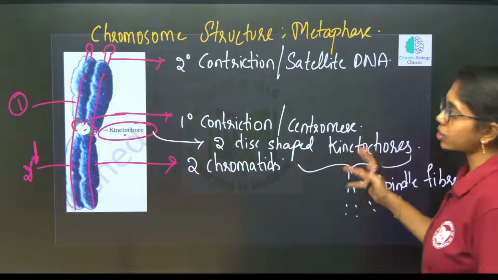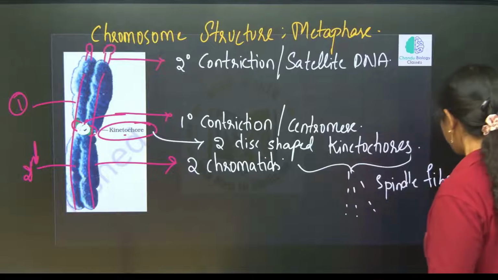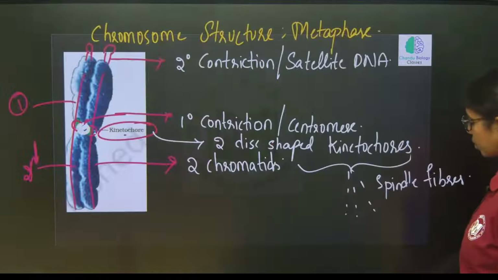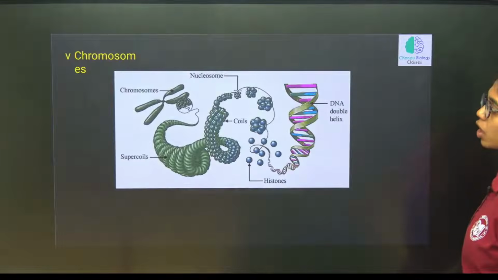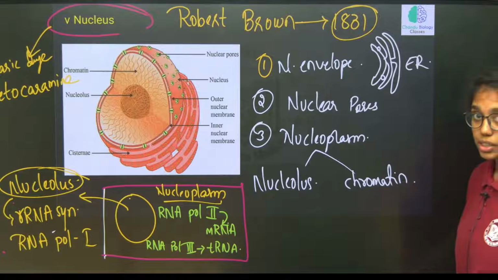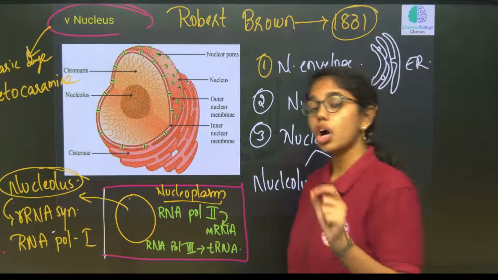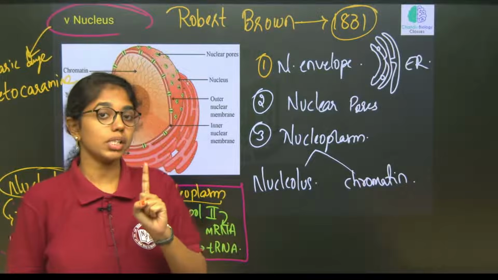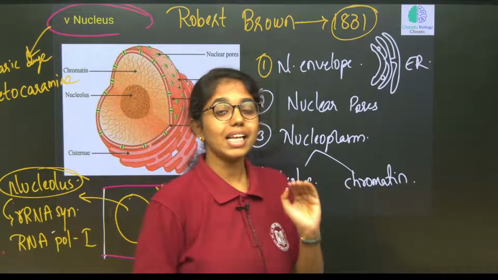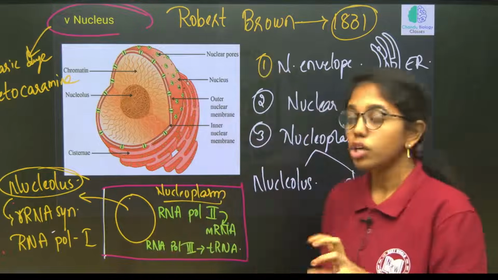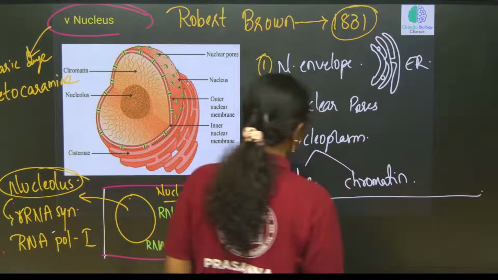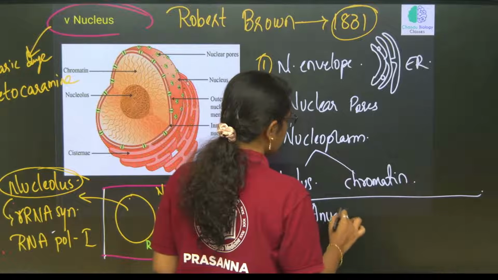So, this is the structural description of the chromosome. Now we will also look into the nucleus. Not all organisms have a nucleus, and not all cells have a single nucleus per cell. Cells where the nucleus is absent are in an anucleate condition.